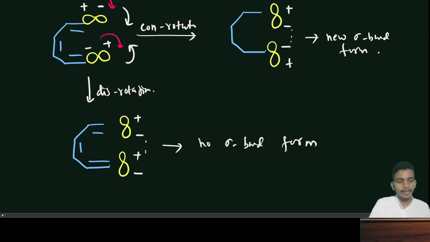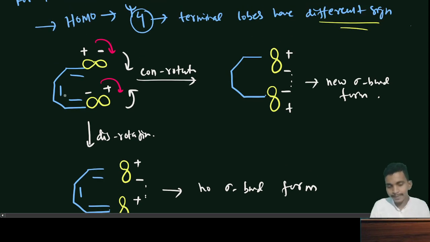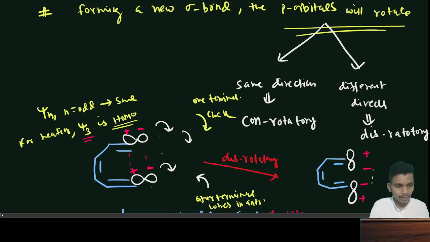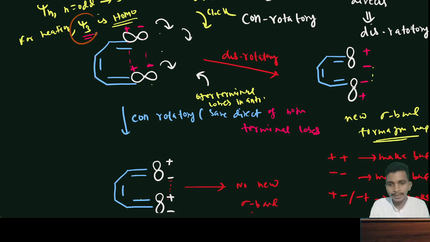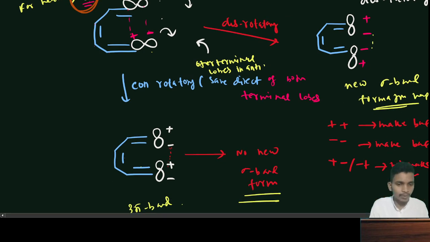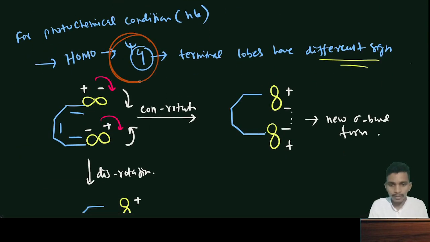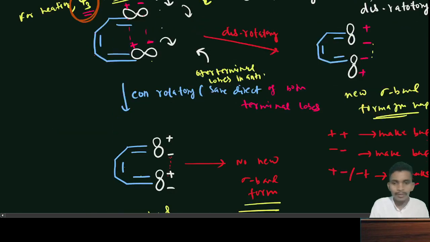So what we see is that the substrate is the same for photochemical condition and for heating. Okay. Since the HOMO is changed, here the HOMO is psi 3, whereas for photochemical conditions the HOMO is psi 4.